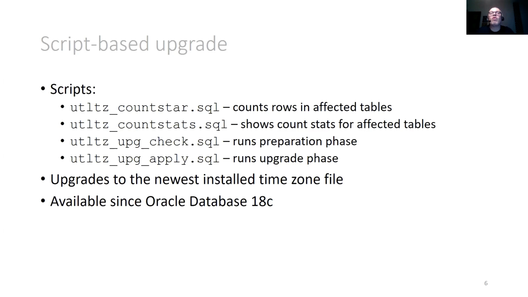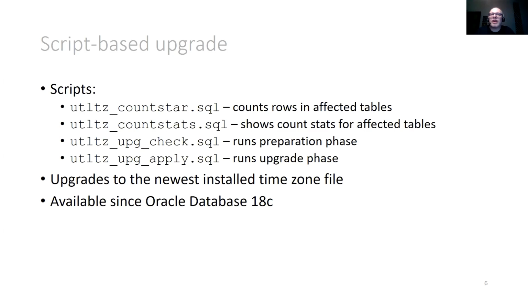And there are 4 files that comprise the whole process. The first one that I listed is count star, which actually counts rows in tables affected by the upgrade process.